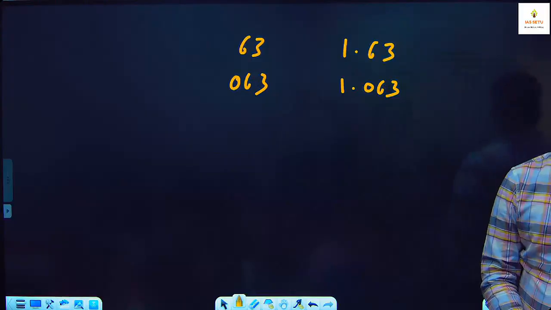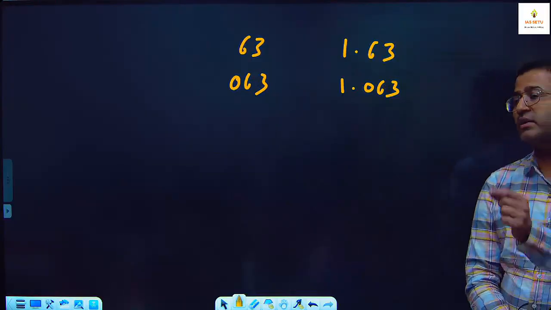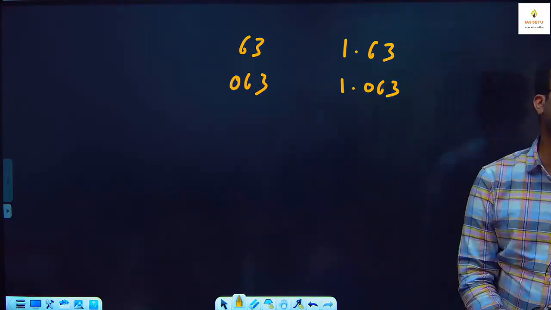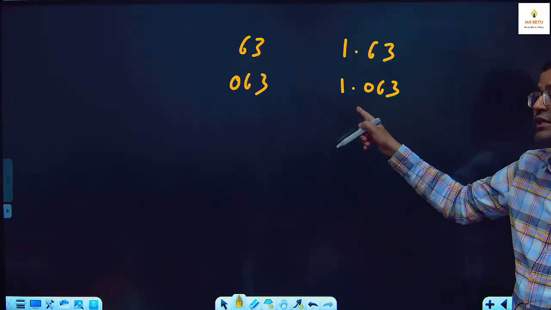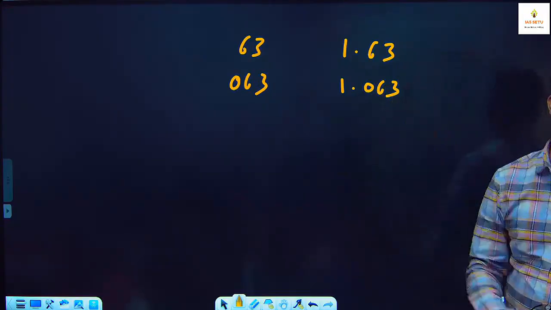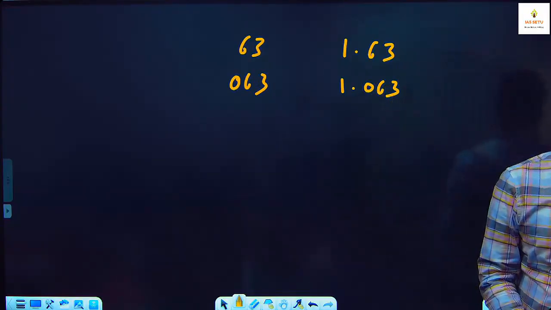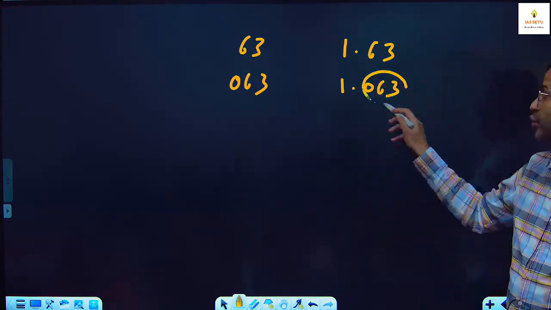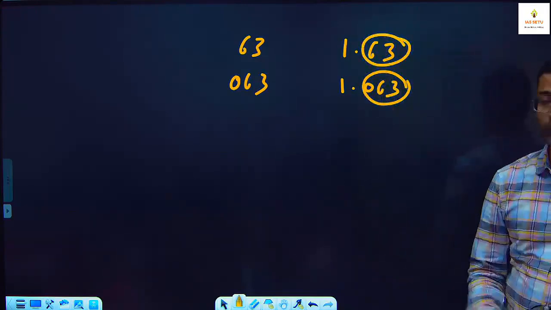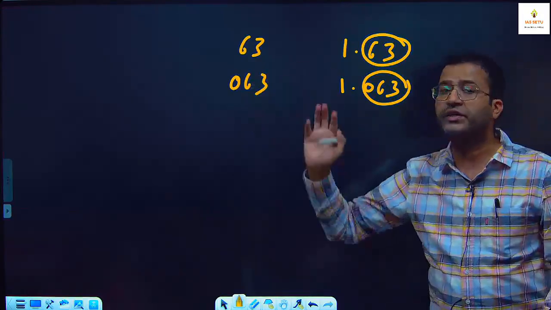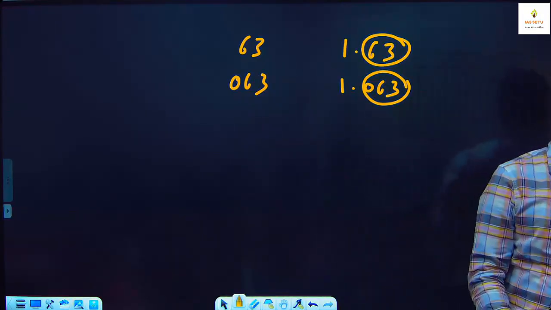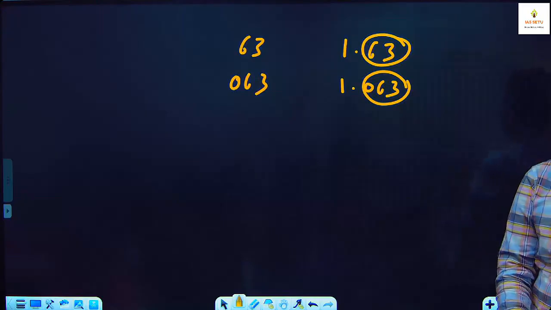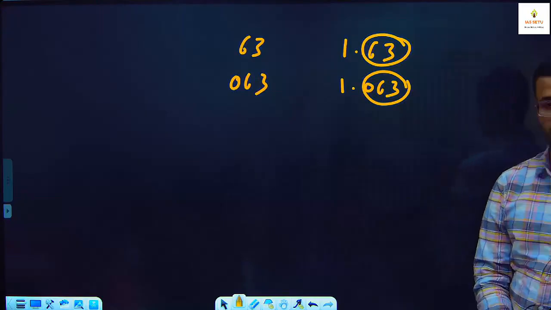So that's why we have a rule, after decimal we have to read each digit individually. So we read it as 1.63, we read it as 1.063. There is a difference in both values. But अगर पढ़ने में देखें तो दोनों को हम 63 पढ़ते हैं. We read this value as 63 if there is no decimal, but if there is a decimal, you have to read each digit after decimal individually.